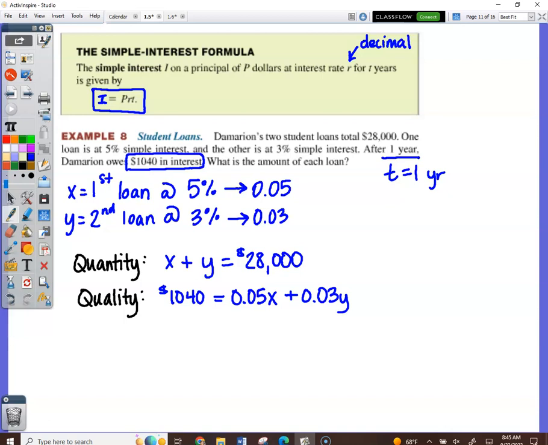Loan Y is at a rate of 3%. The rate of interest is where the interest accrued comes from, right? So that's why these three numbers need to go in their own equation, because they're not the quantity of the loan, they're the value of the interest rate of the loan.